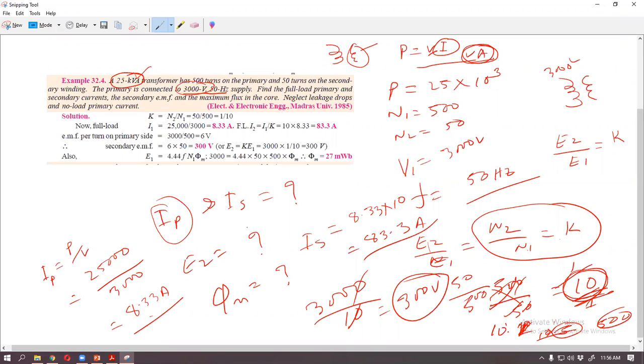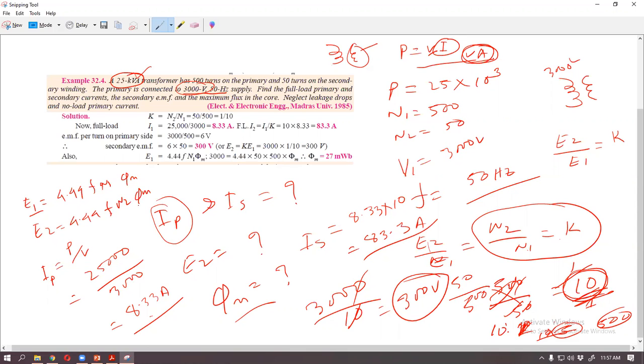So now your flux. Last question, maximum flux. You know that if equation 1 or equation 2 apply, no problem. If you use E1, so 4.44 phi N1 F; if you use E2, just change to N2, 4.44 phi m F N2.